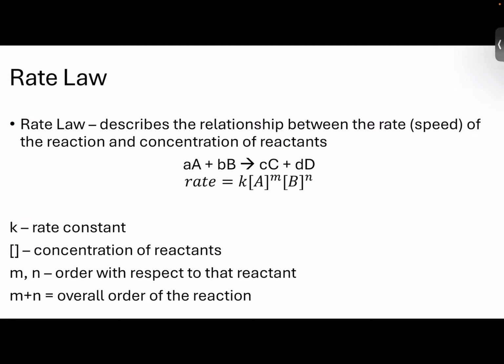Once again, anytime you see brackets, that is representing concentration. So we're typically going to be talking molarity. M and n in this rate law represent the order with respect to that particular reactant. To figure out the overall order of the reaction, you would add m and n together.